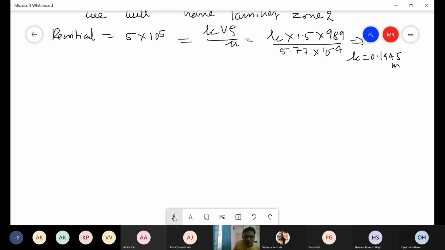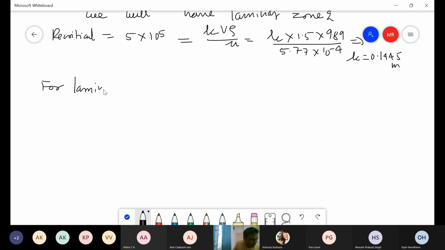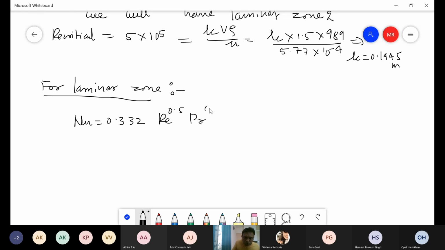So for the laminar zone, I can write down the Nusselt number, which is given as 0.332 Reynolds number raised to the power 0.5 into Prandtl number raised to the power 0.333, isn't it?